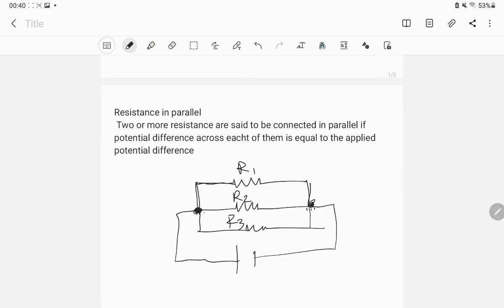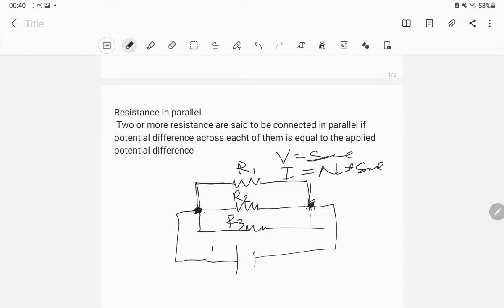In the case of resistance in parallel, the potential across all the resistances is the same, but the current is not the same.